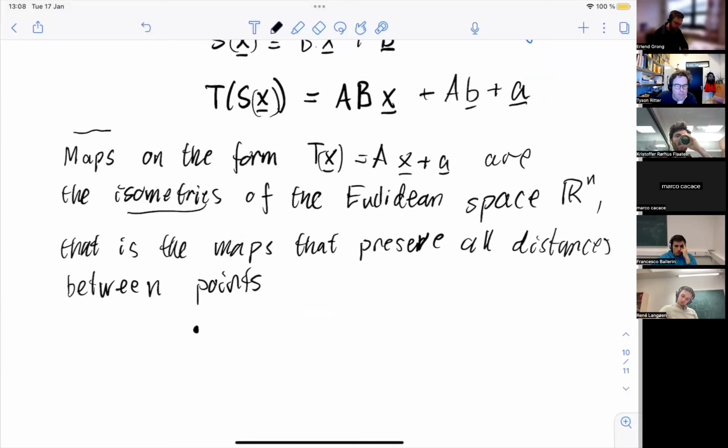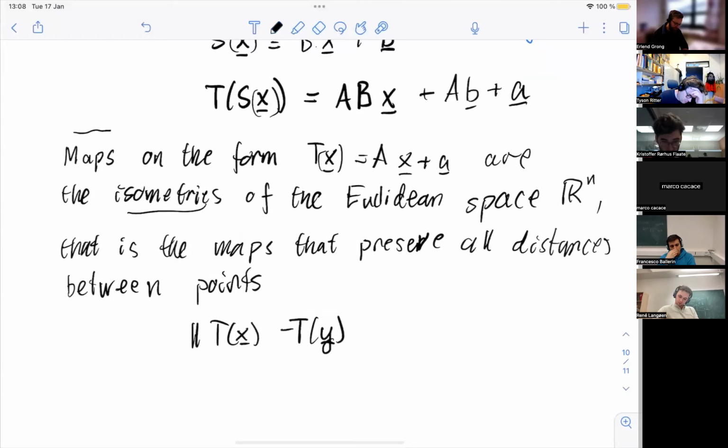So what I mean by this is that these are all of the maps such that the distance between T(x) and T(y) is equal to the distance between x and y, for any x, y in Rn.